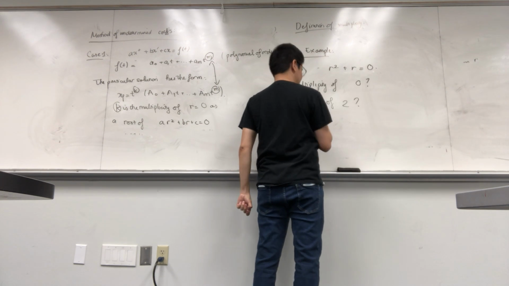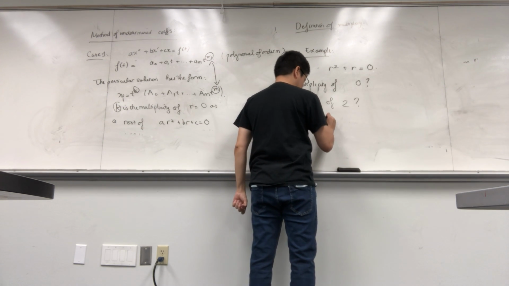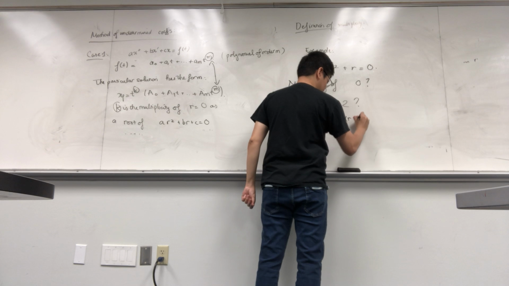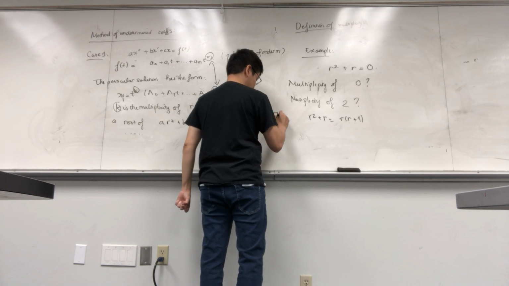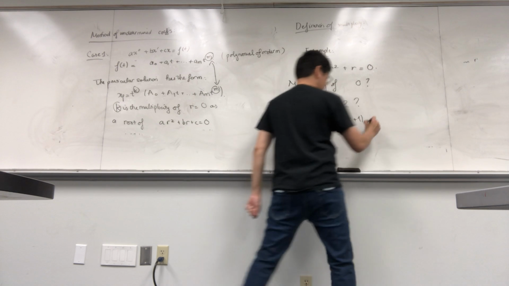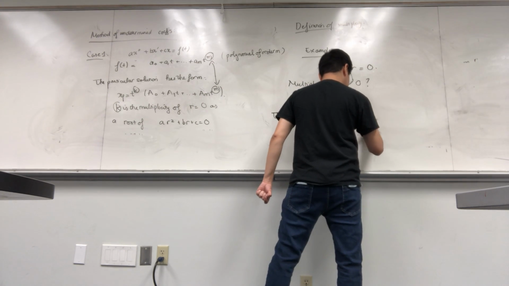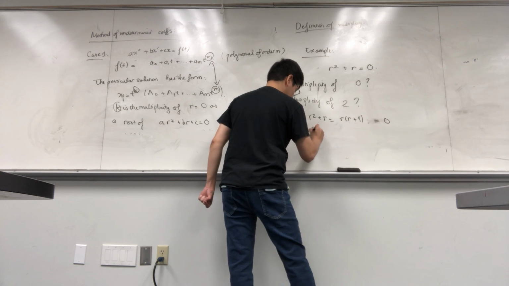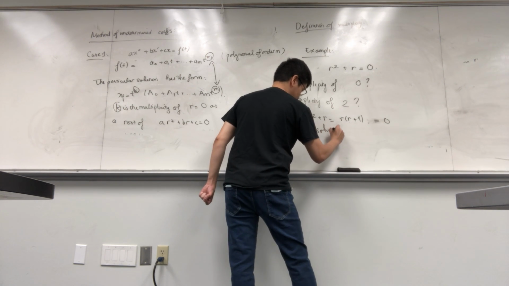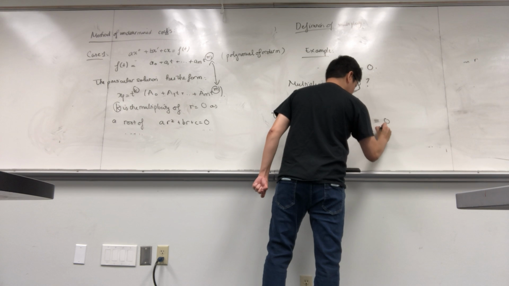So here you have r squared plus r is r times r plus 1. And so this equation has two solutions, right? 0 and minus 1.